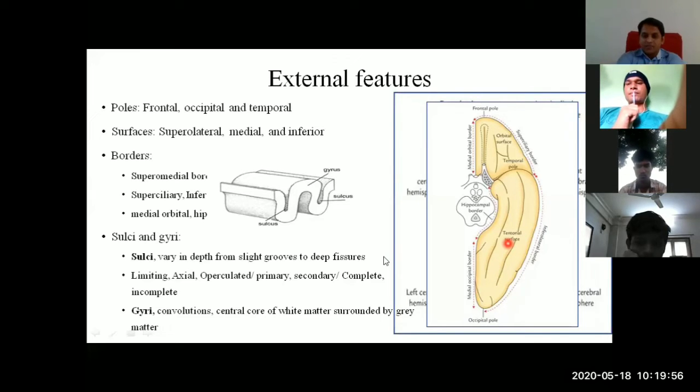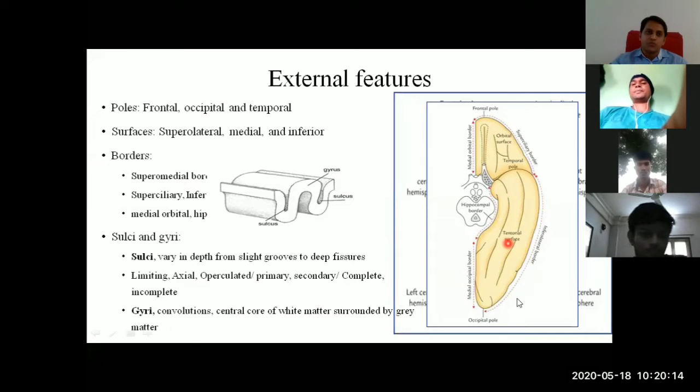There is a visual area along the occipital pole, and along it lies one sulcus which acts like an axis. The name of that sulcus is the post-calcarine sulcus. It lies along the axis of the visual area, hence the name axial sulcus.